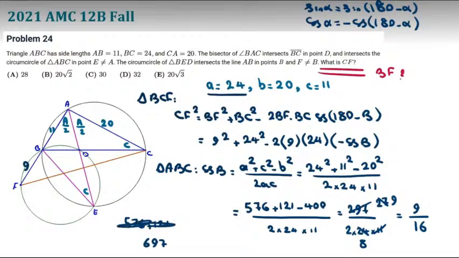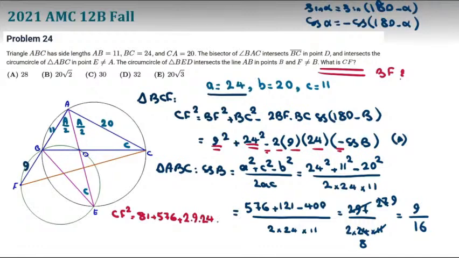Let me erase the rest. If I call this one star, let me write with another color. I want to calculate CF squared. CF squared is 9 squared, 81, plus 24 squared, which is 576. This minus and this minus will be plus 2 times 9 times 24 times cos B, which is 9 over 16.